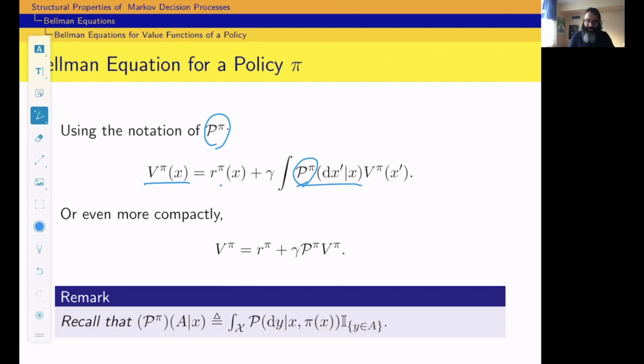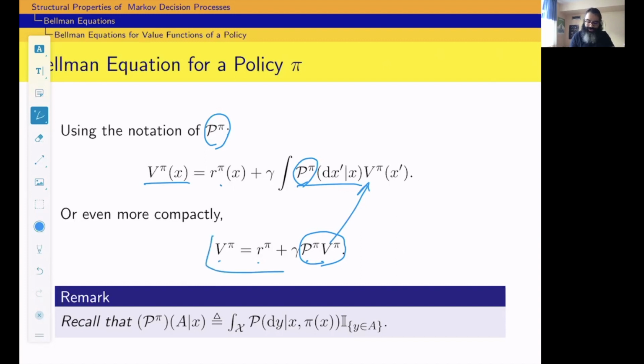And even more compact is this notation, that V of pi is equal to R pi plus gamma times P of pi times V of pi. I haven't defined what this notation exactly means, but you can imagine what it means. Essentially, I define this kernel, take the integral of V of pi according to that kernel, and this is defined not just for one x, but for all x's.